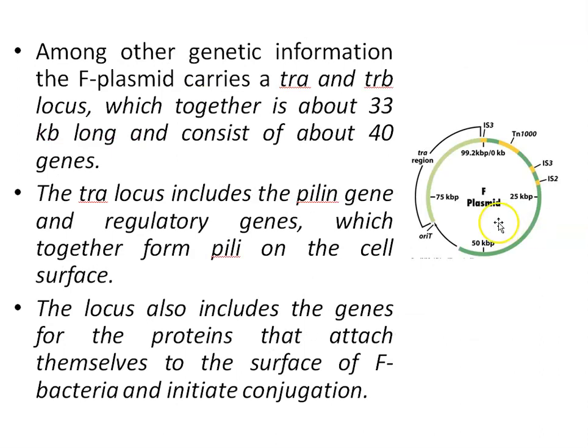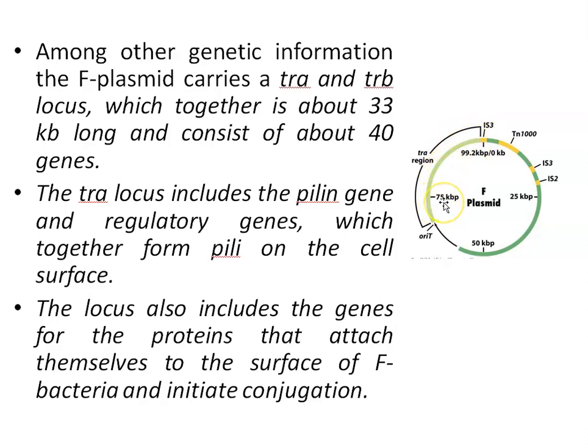So you can see here the structure of the plasmid, here the ORI-T region, right? Among other genetic information, F plasmid carries the TRA region and TRB locus, which together are about 33 kilobase pairs long and consist of 40 genes.